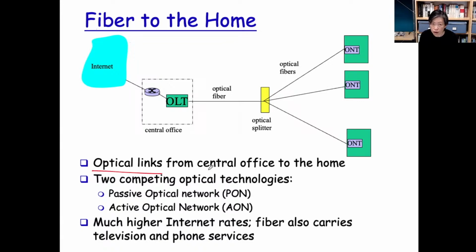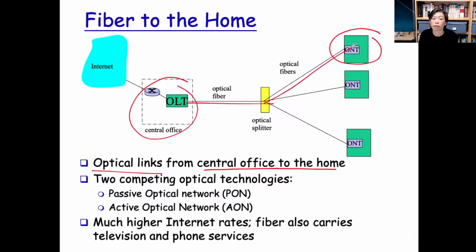So there is a physical connection through cables between the central office and the home. And you see in this example, it's very clean between the central office and each household, just optic cable.